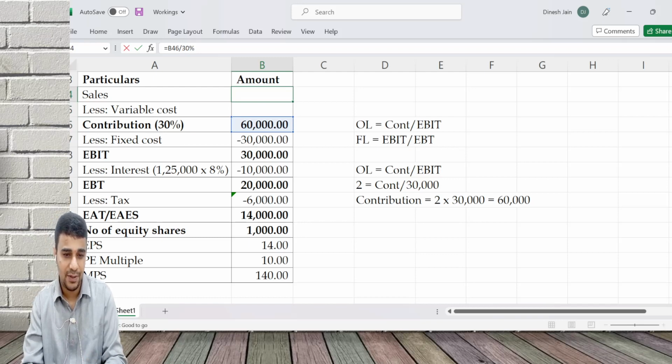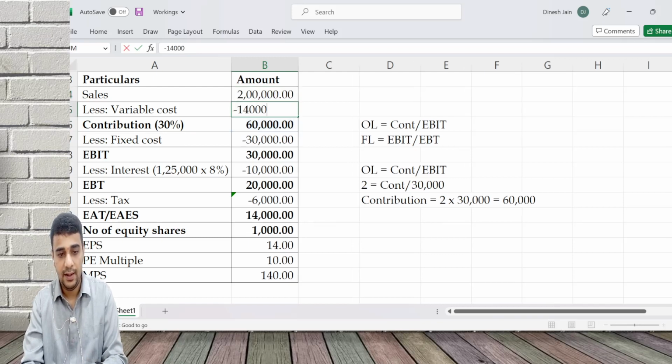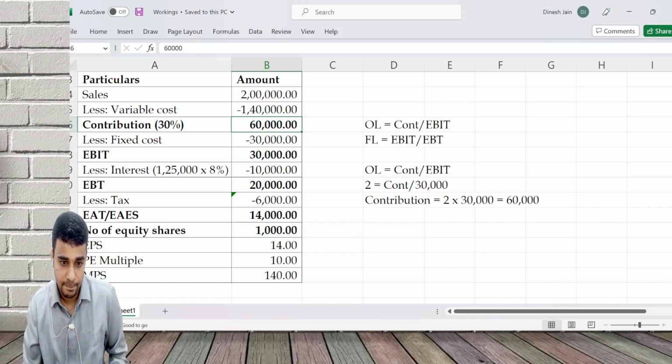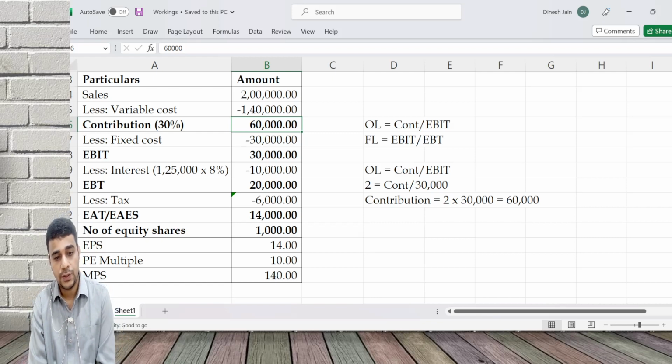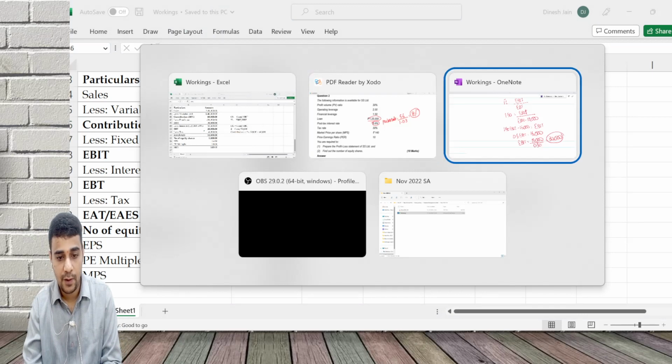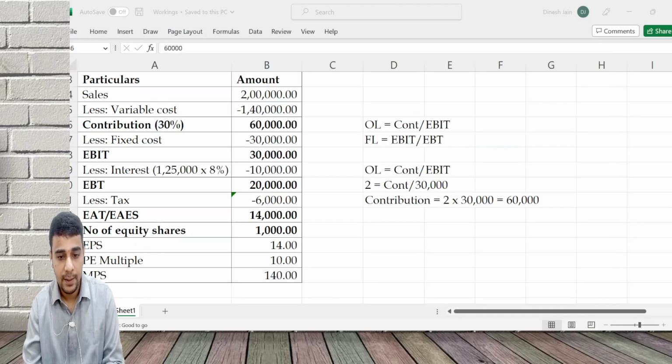So the entire statement is over now. Part 1 and part 2 of the question are both taken care of in this format. 60,000 by 30% is the sales figure. Variable cost is 140. Let me know if there are doubts here.